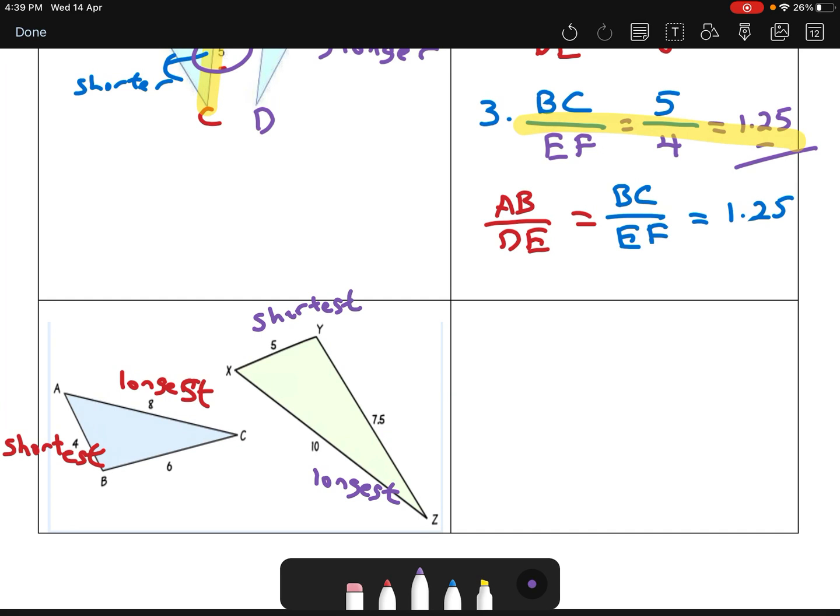Of course there's a medium length: BC is medium, and YZ is medium also. So how do I test for it? This is what we call the three proportions.